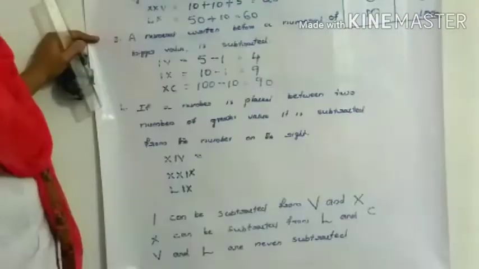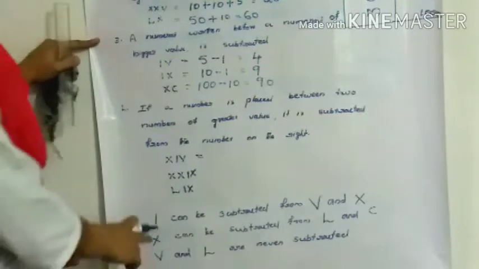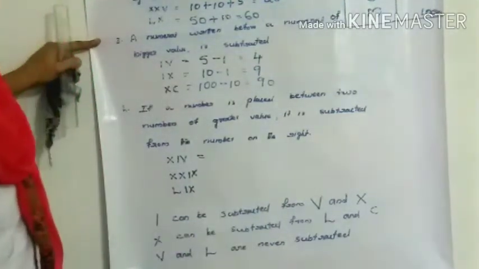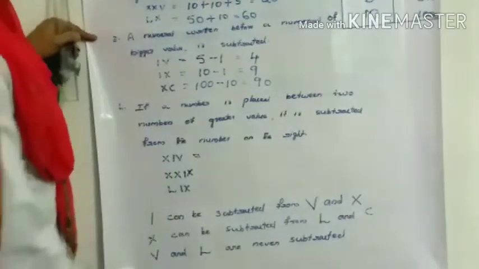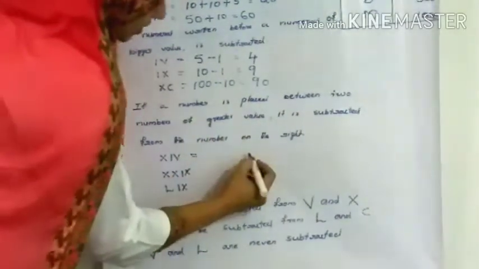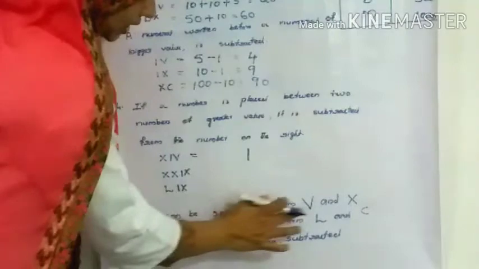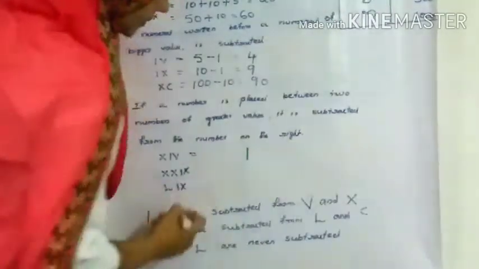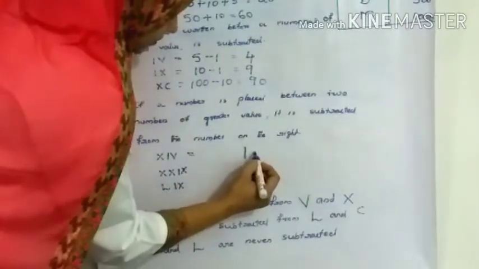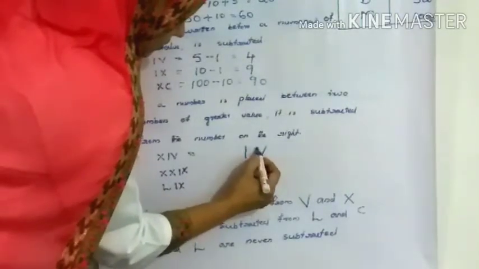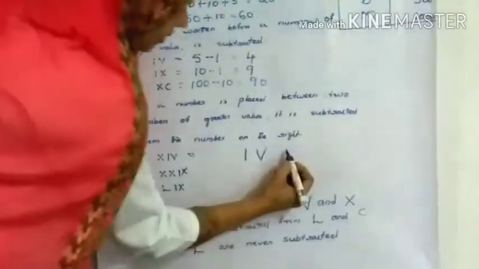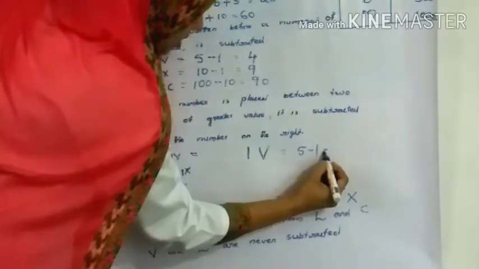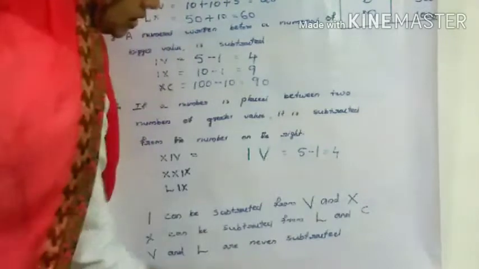Then next one: 1 can be subtracted from 5 and 10. Example: 5 minus 1, that is 4.